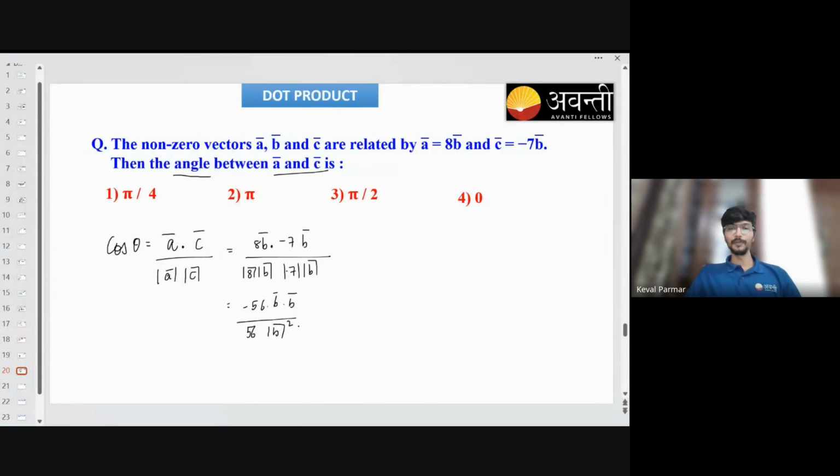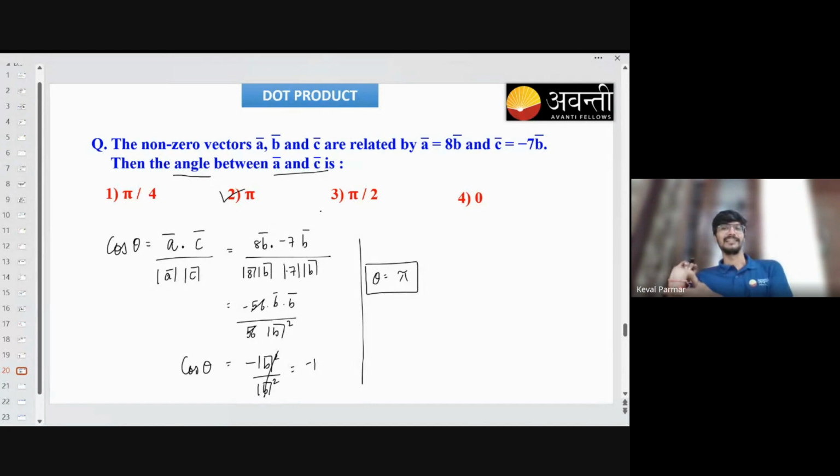Now I hope you know what is B bar dot B bar, guys. This will get cancelled. Minus mod B square upon mod B square. Simple. It is equal to minus 1. So I got cos theta is minus 1. That means what is the angle, guys? Angle is pi. So what is the option? It is option number 2. I hope it is clear.